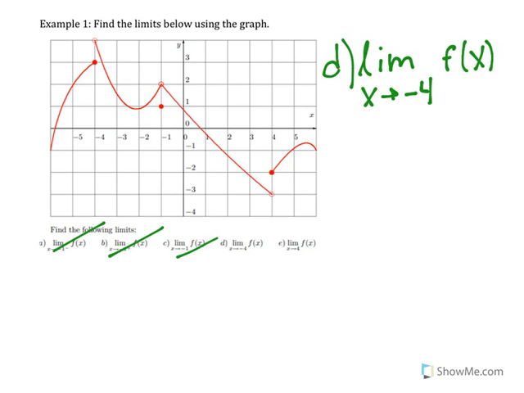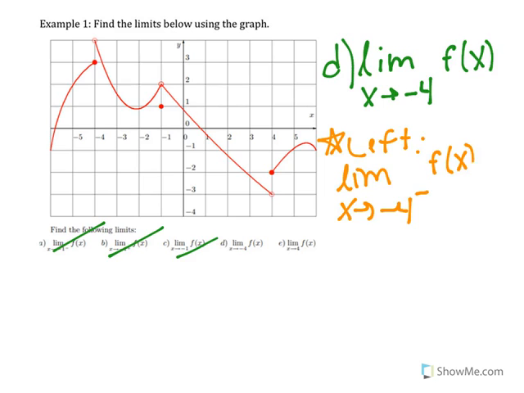We're going to find the limit as x approaches -4 from the left and from the right. And if they're both the same, then we have our answer for part D. So I'm going to start with the left-hand side. The limit as x approaches -4, remember we depict left with a little minus, of f of x, so I'm going to go to my graph.